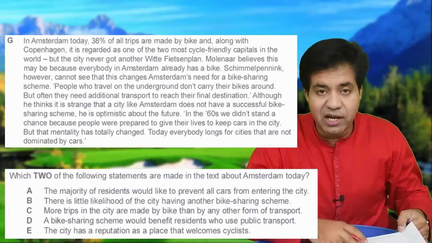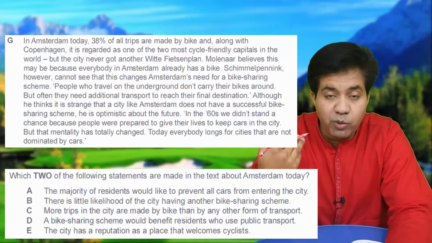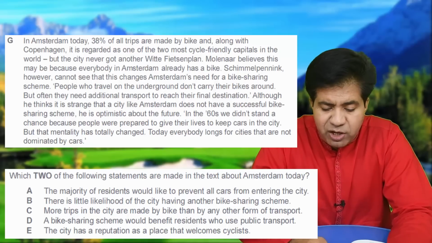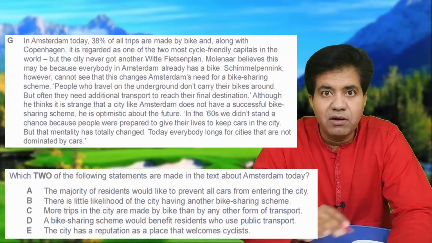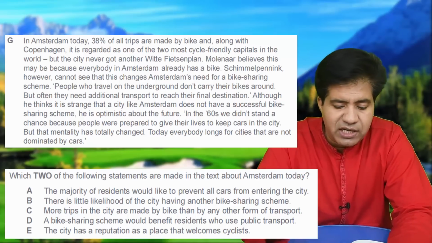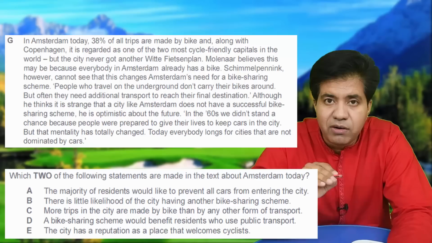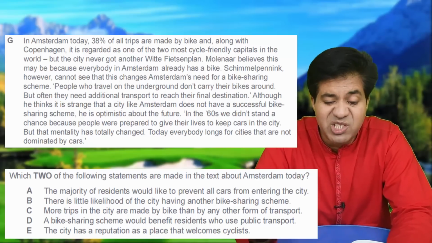Now let's just take a look at the options so that we could identify them. Please look at the questions. A. The majority of residents would like to prevent all cars from entering the city. So entering the city, cars, majority residents. B. There is little likelihood of the city having another bike sharing scheme. Little likelihood, another bike sharing scheme means chance.